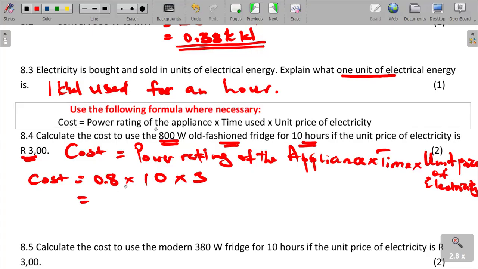We put it through a calculator and it gives us 24.0, which is 24 rand. That is the cost of using the old-fashioned fridge.